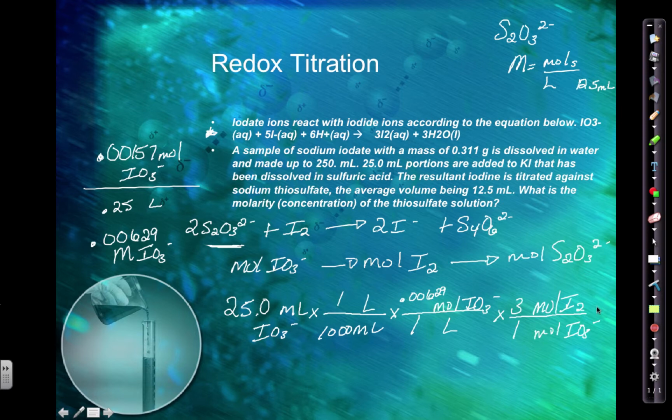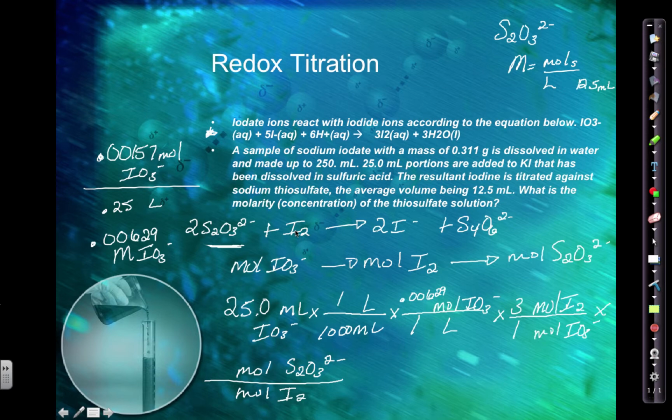I can just continue. So I'm going to go to moles of my thiosulfate. So once you're in moles of a substance, if you have chemical reactions, you can just go to moles of a different substance. So it doesn't matter that I'm changing into a different equation. I'm going to use this equation now.